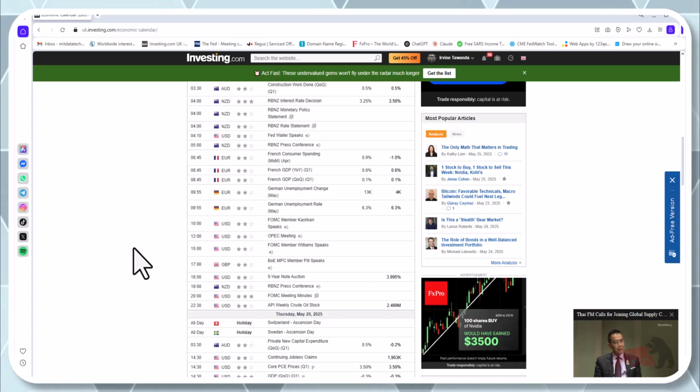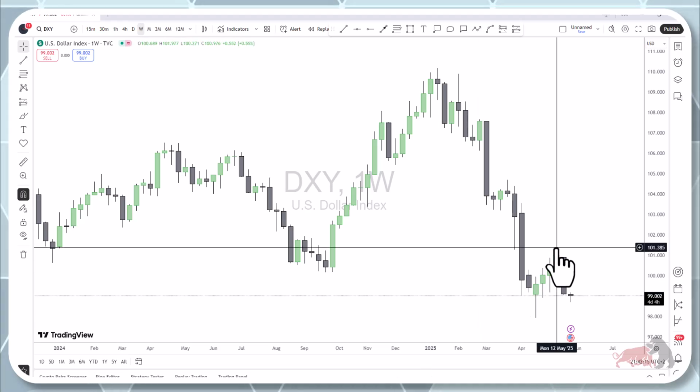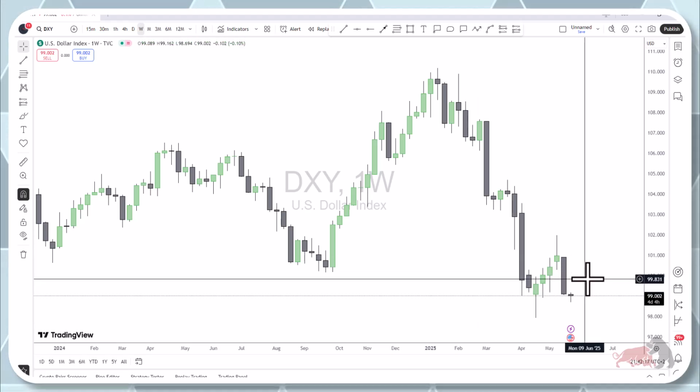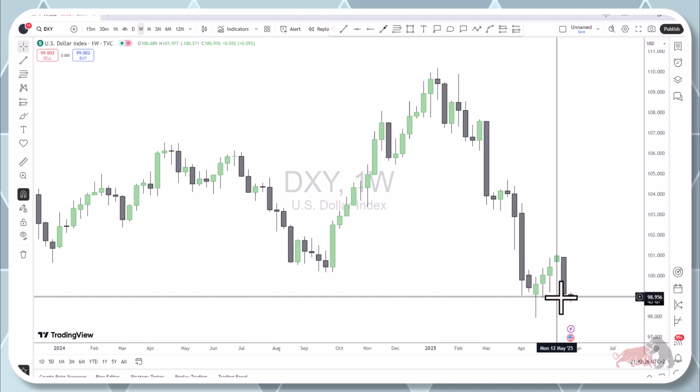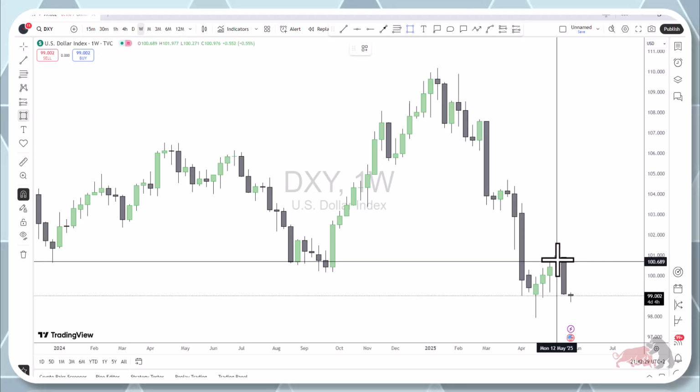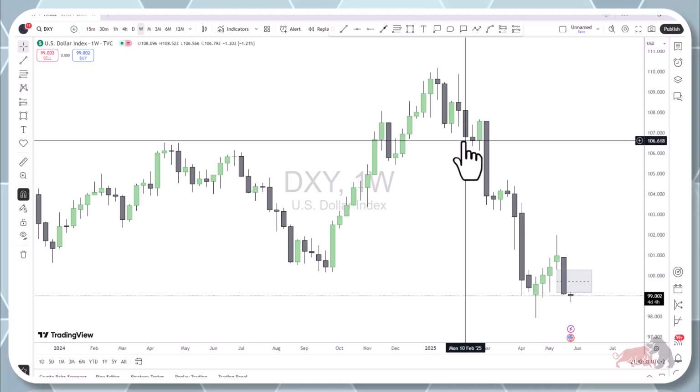A surprise to the upside could trigger a bounce and possibly back above that psychological level, which is 100. If we do get a surprise number on the PCE, we could redistribute into this fair value gap right here. That's our fair value gap for this week.